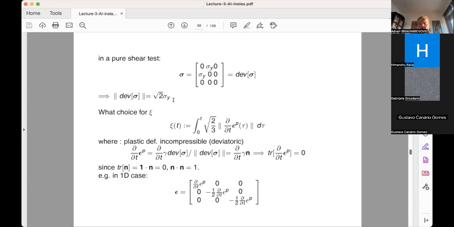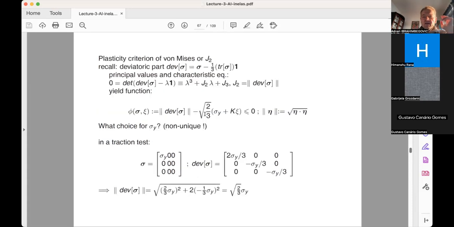In other words, when I report the stress, not only should I say what exactly the value of the stress is, but I should say how I actually obtained it. Otherwise, you have the problem that you misinterpret what you're really doing. Okay, then I said I also want to justify why I have a square root of 2/3 multiplying this hardening part.